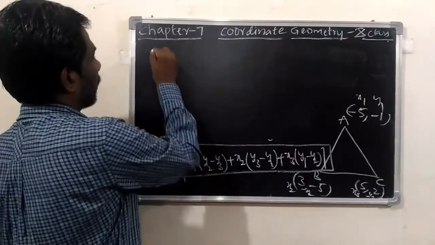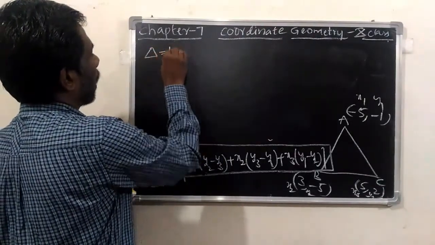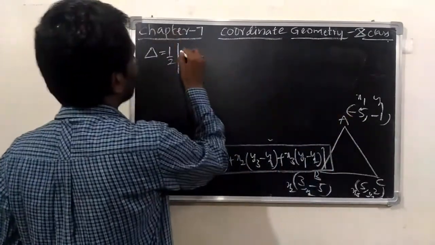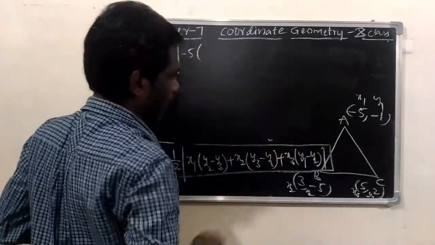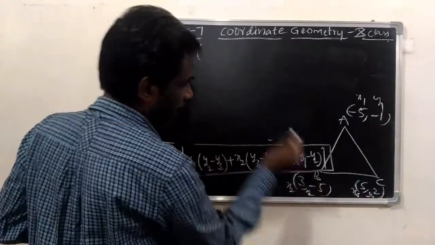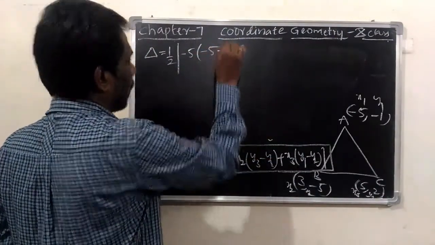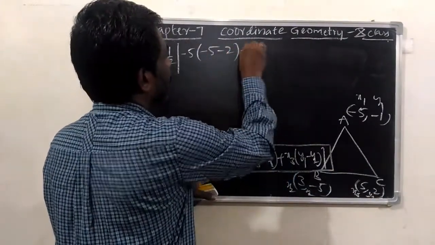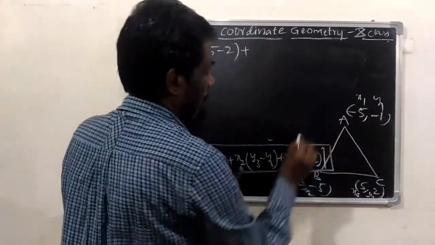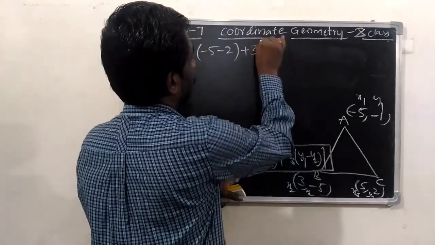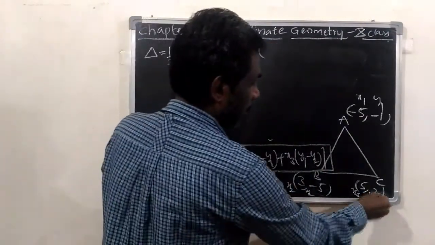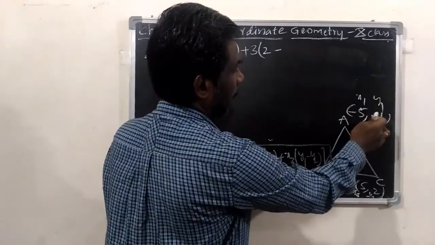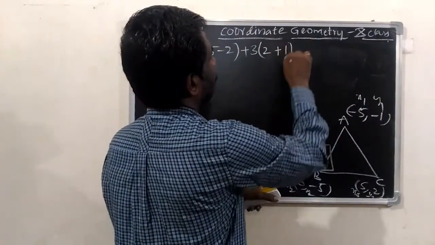Write delta is equal to half mod of x1. x1 is what? Minus 5, into (y2 minus y3). y2 is minus 5 and minus y3 is minus 2, plus x2. x2 is 3 into (y3 minus y1). y3 is 2, minus y1, y1 is minus 1, minus into minus is plus 1.